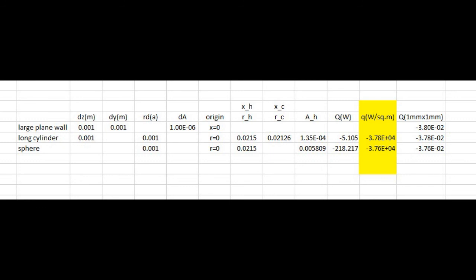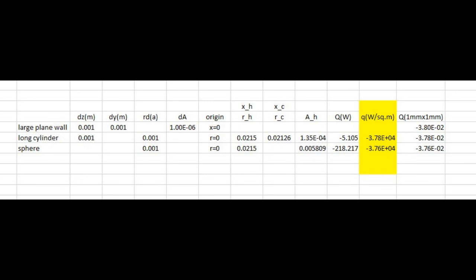I use the Excel application software. The yellow cells are the heat transfer area for long cylinder and sphere. The heat flux for the both are 37,790 and 37,567 watts per square meter respectively.